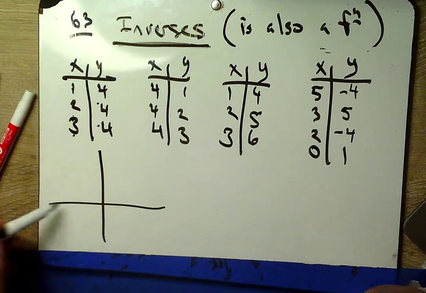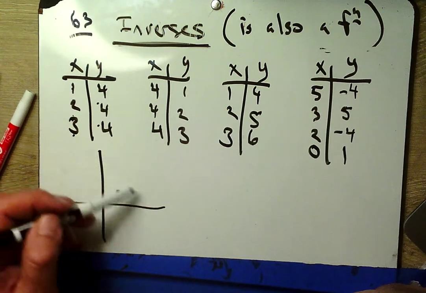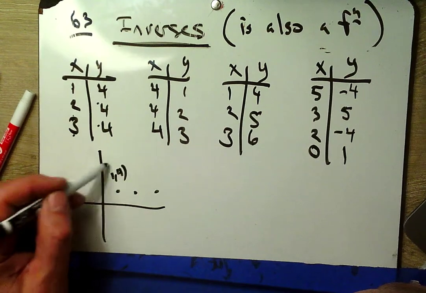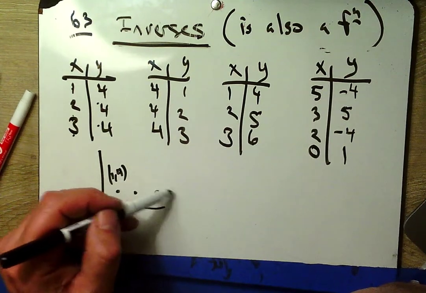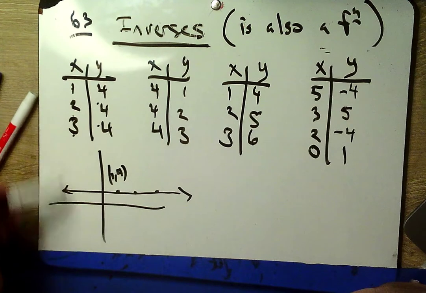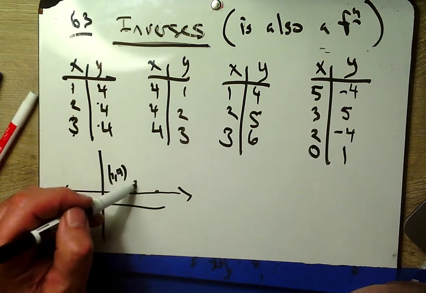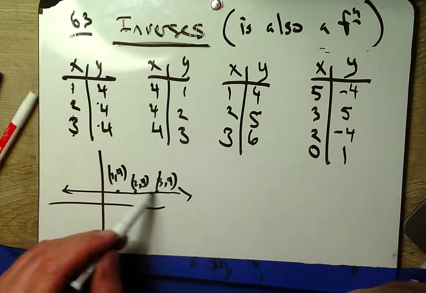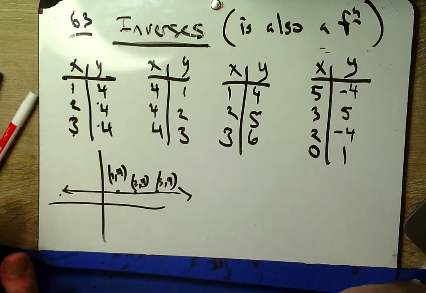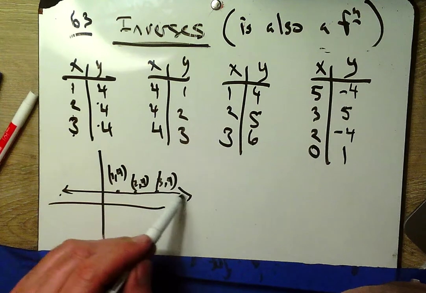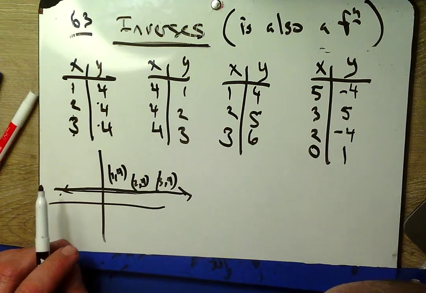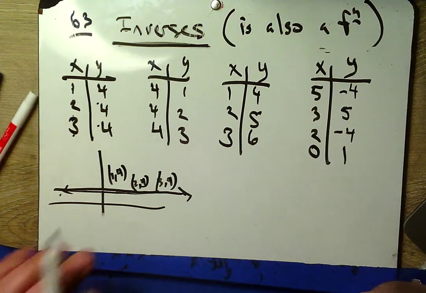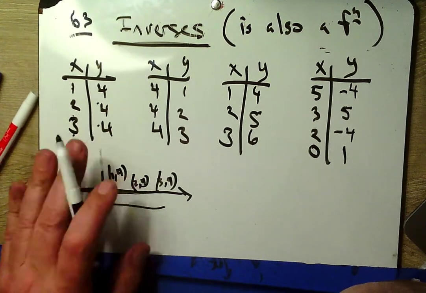If I graph these points, (1, 4), (2, 4), (3, 4), I see that this has no problem passing the vertical line test. But does it pass the horizontal line test? And don't say yes. It crosses all of those points. That means it fails the horizontal line test, and therefore this does not have an inverse.